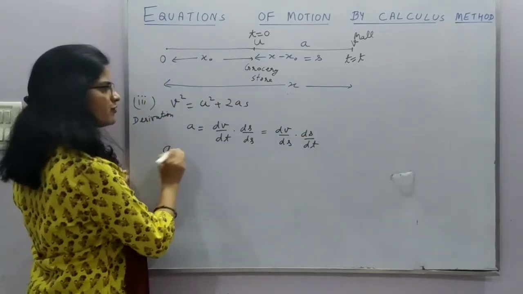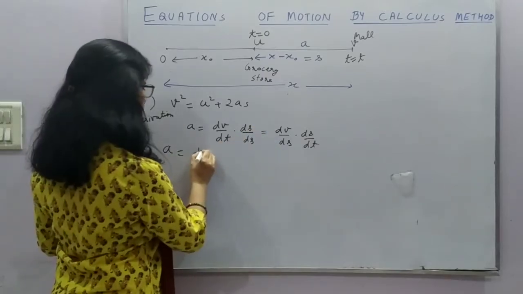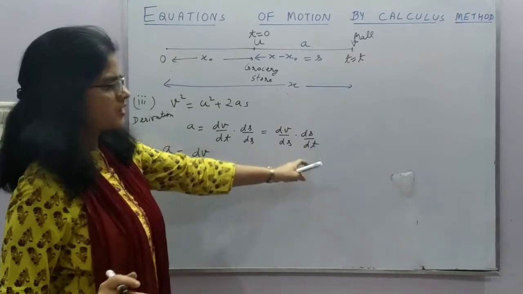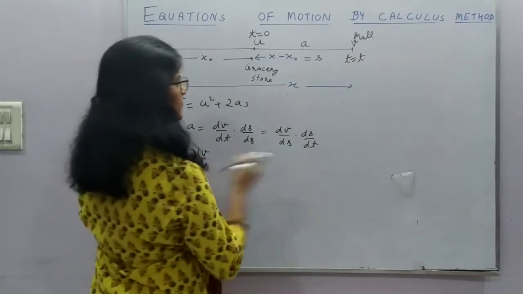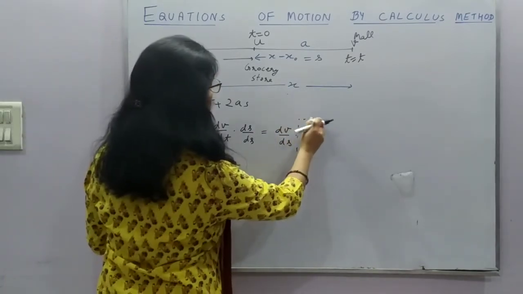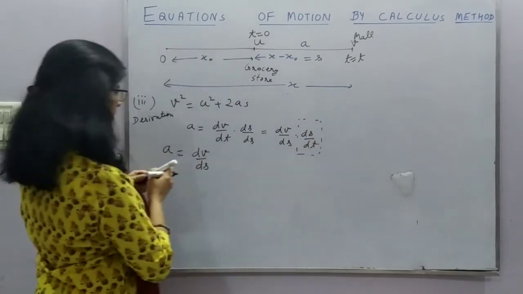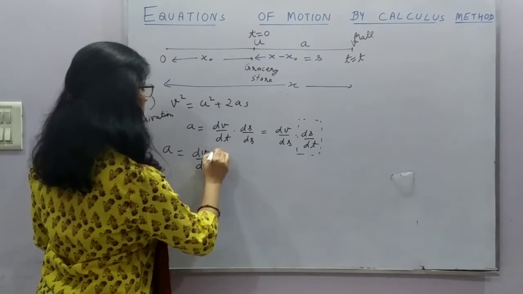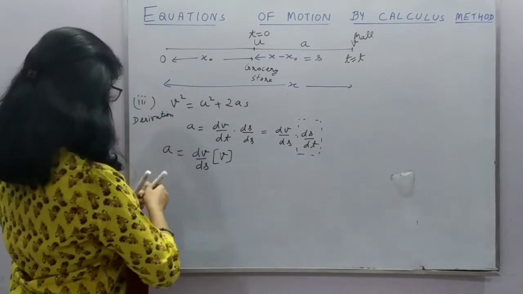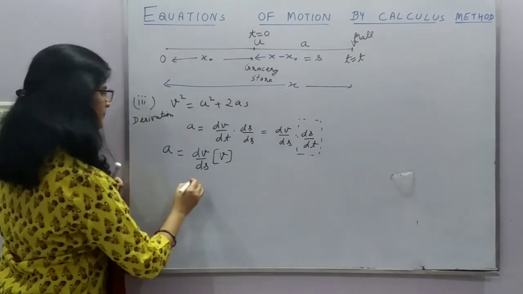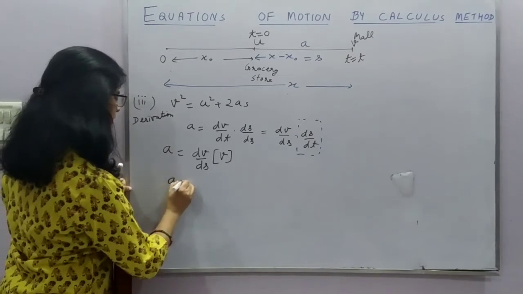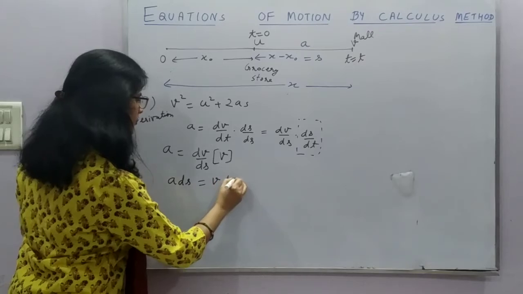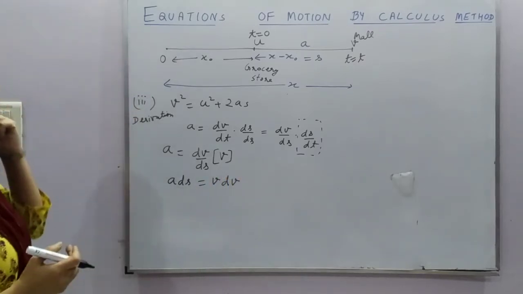Now acceleration will be dv upon ds as it is, and ds upon dt, the rate of change of distance. This quantity can be written as v, right? So I can cross multiply this. This will be a ds is equal to v dv, right?